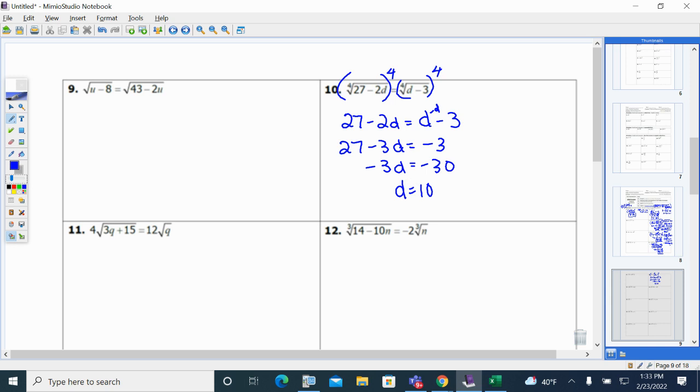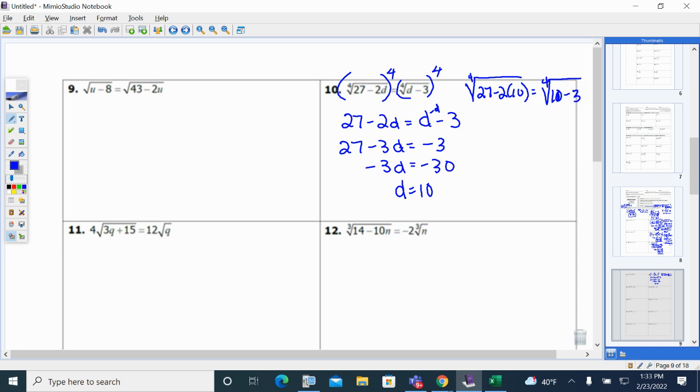And again, we raise both sides to the 4th power. It is very important that you're checking your answer. You want to take that back to the original problem and double check that it actually works.